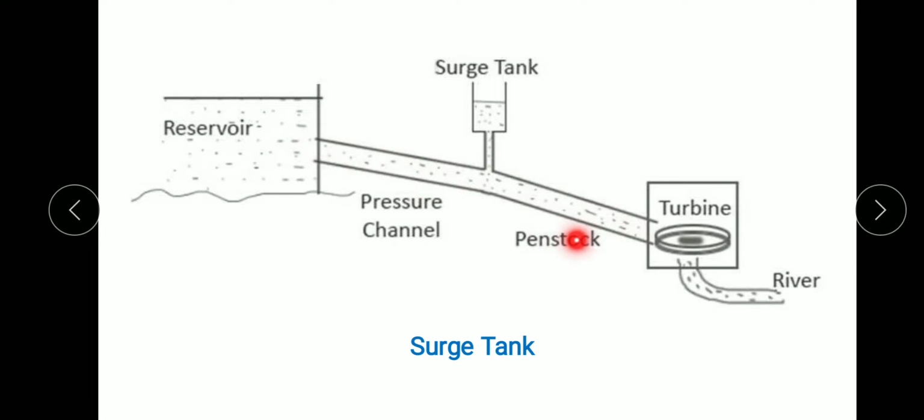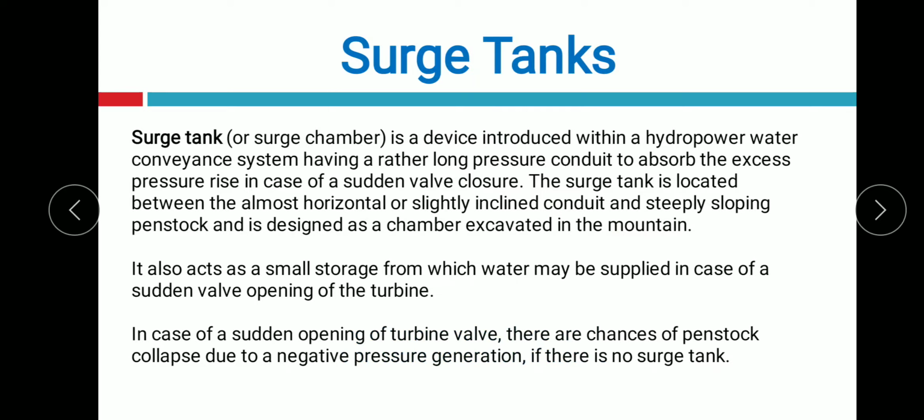To avoid damage to penstocks, surge tanks are inserted in the hydropower water conveyance system, having a rather long pressure conduit, to absorb the excess pressure rise in case of sudden valve closure.